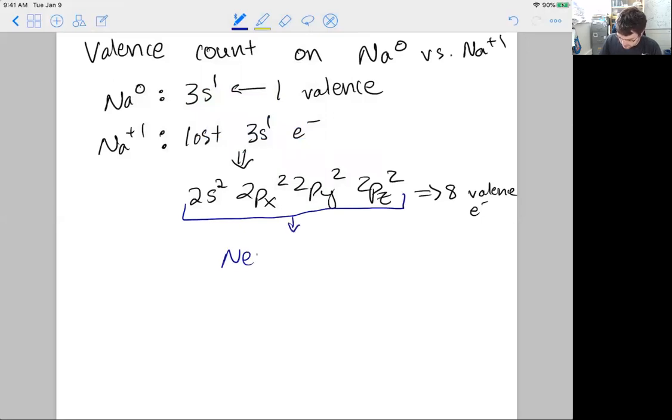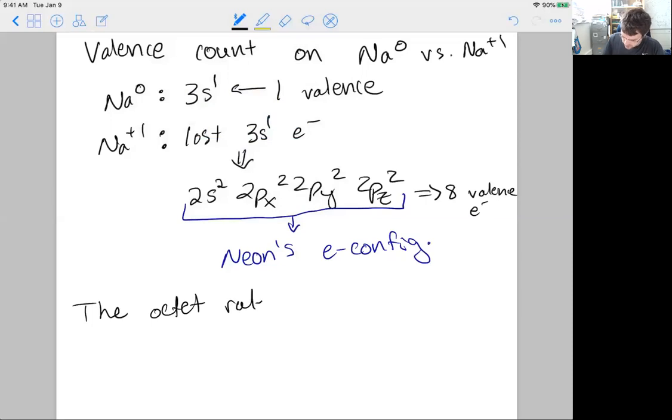We have the same electron configuration as neon. So sodium underwent an oxidation, giving up an electron to get itself to a place where it had the electron configuration of a noble element. The octet rule predicted what sodium was going to do.